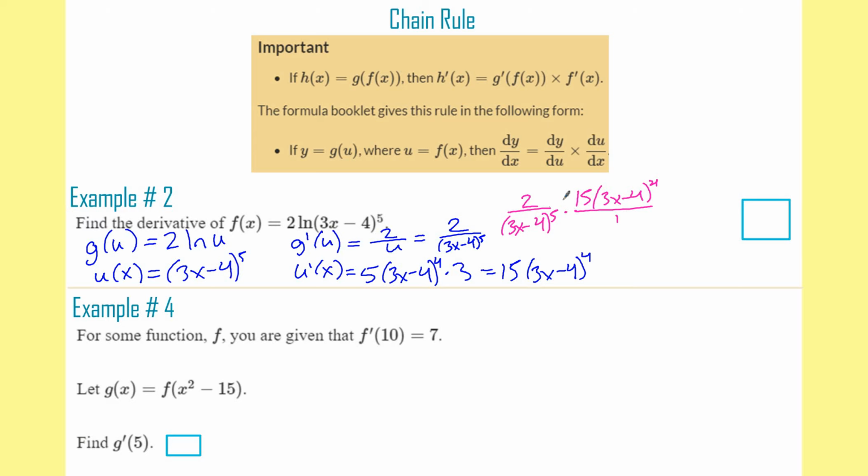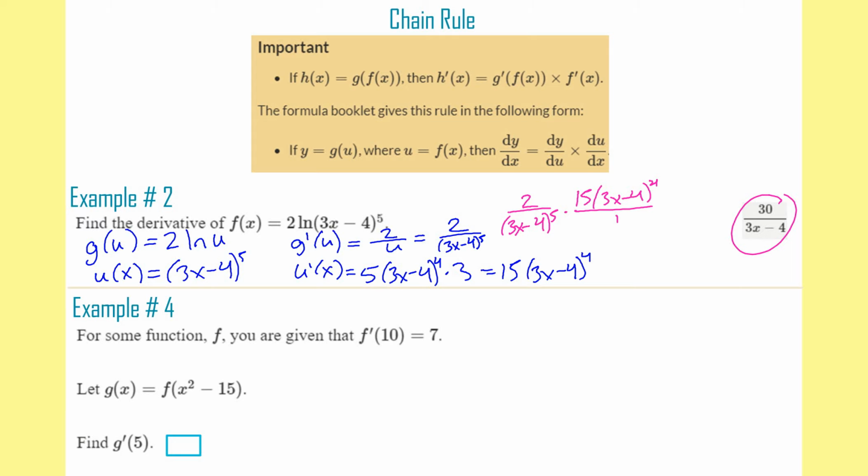Luckily, a lot of those are going to cancel, and we get the same thing we got the last way we did it. Okay? It's just showing you a function within a function. I know, it's weird. Let me do it again.